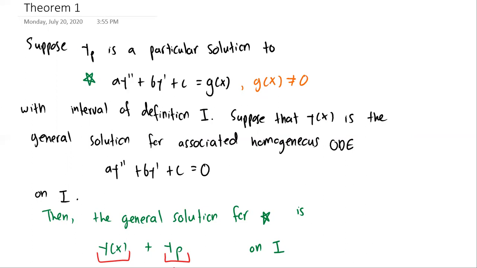And suppose that this is the general solution on the same interval I. So we have to find a common interval of definition for the particular solution and the general solution to the homogeneous case. That is all the setup we need.